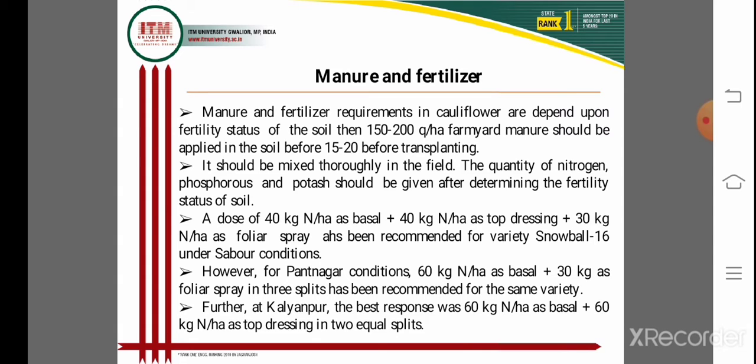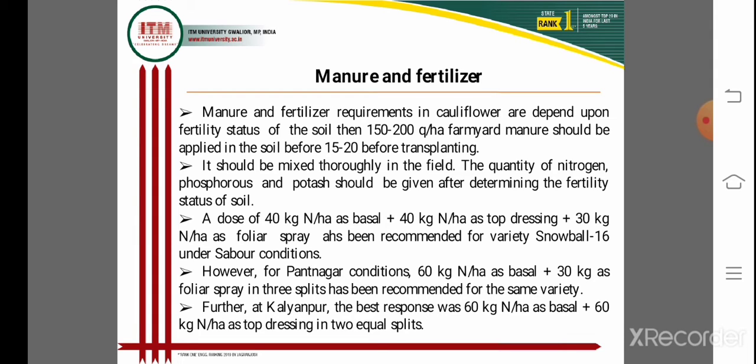It is very good for plant health, and it should be mixed thoroughly in the field. The quantities of nitrogen, phosphorus and potash should be given after determining the fertility of the soil. The soil is well maintained and soil nutrients are measured by soil testing.